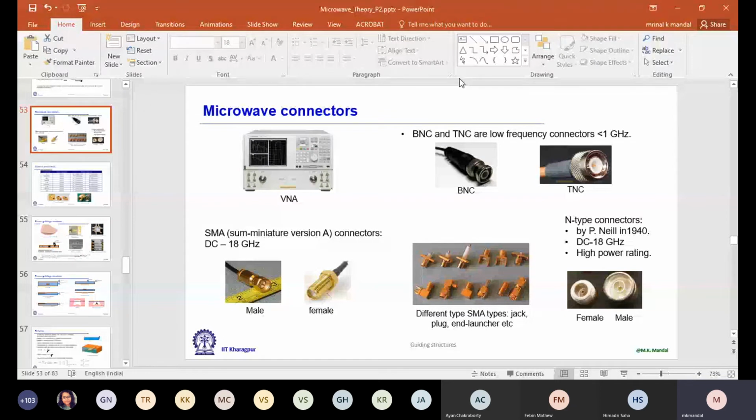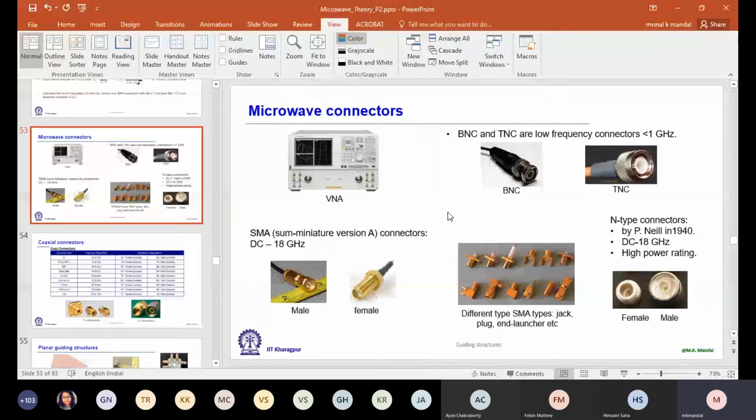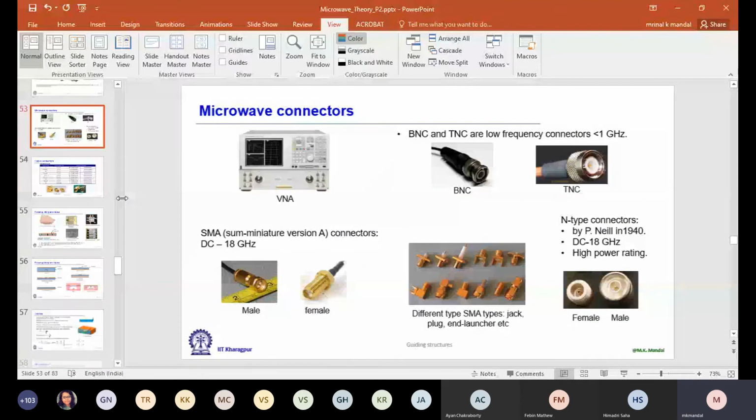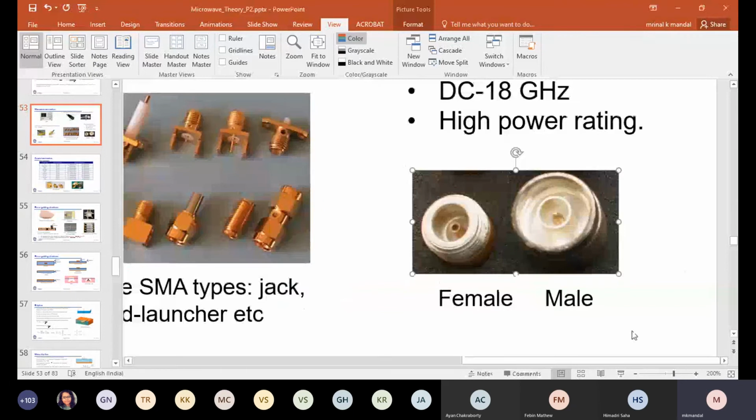In class usually I show it, but here we don't have that flexibility. Oh, sorry. Let me zoom in so that you can understand it. Yeah, this is the N-type connector. You can look at the male and female.